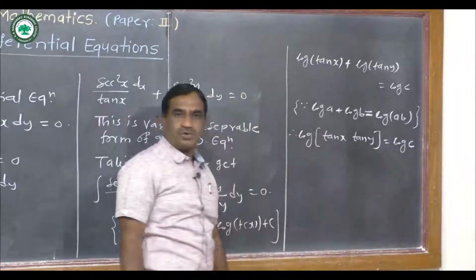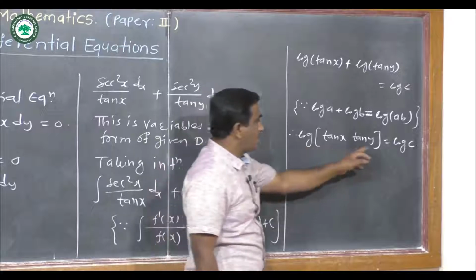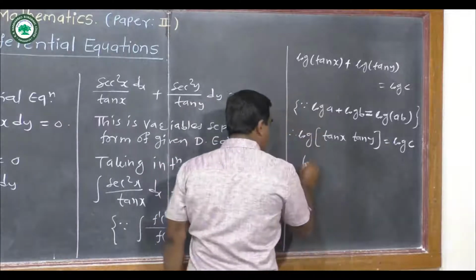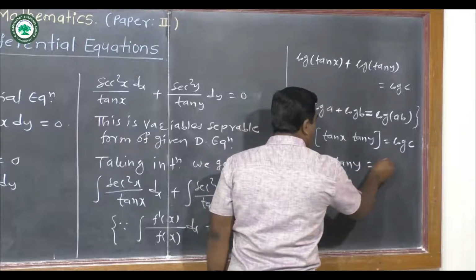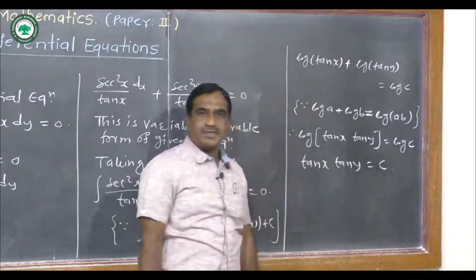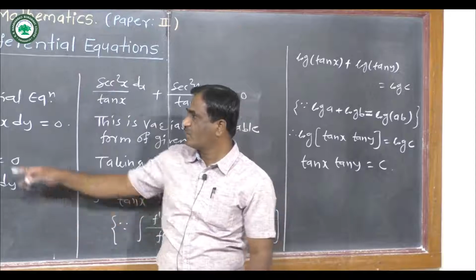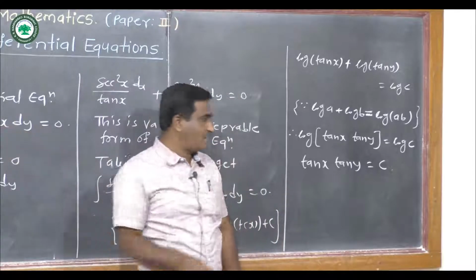Now log is cancelled out here, therefore what remains is tan x into tan y is equal to c. This is the required general solution for the given differential equation.